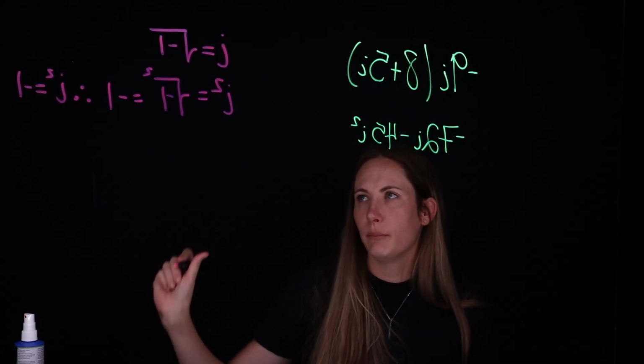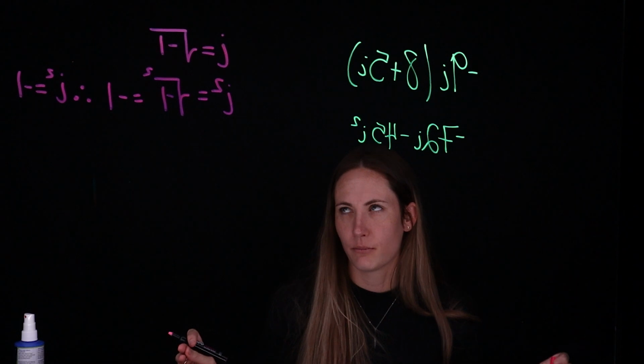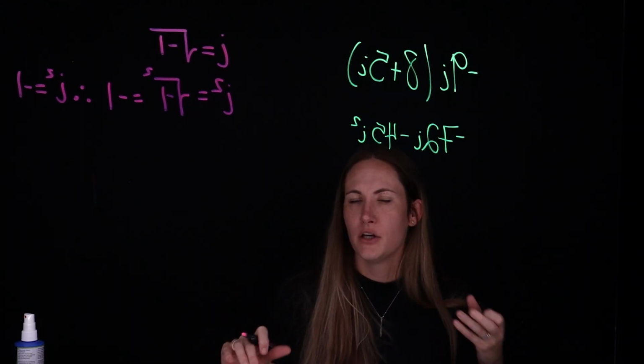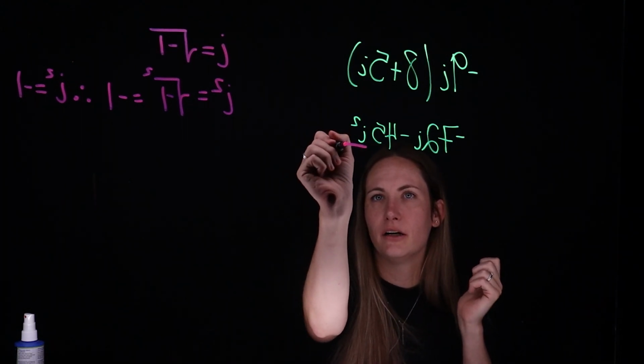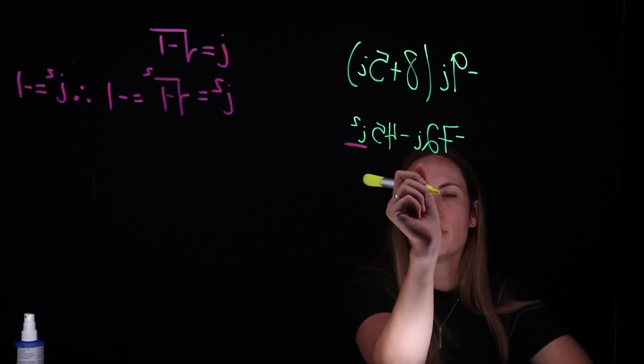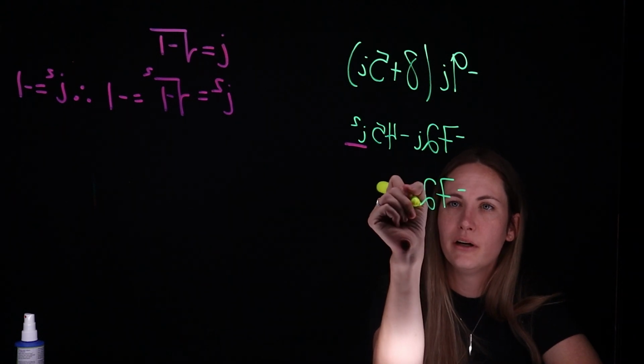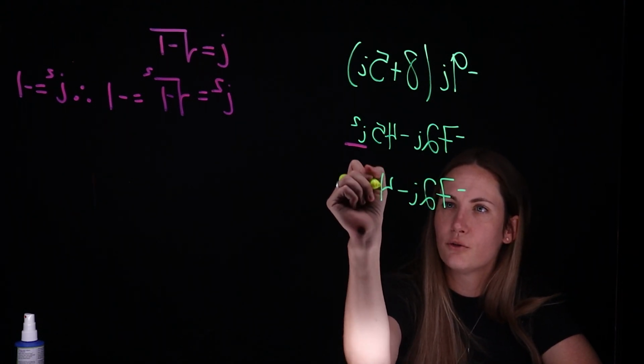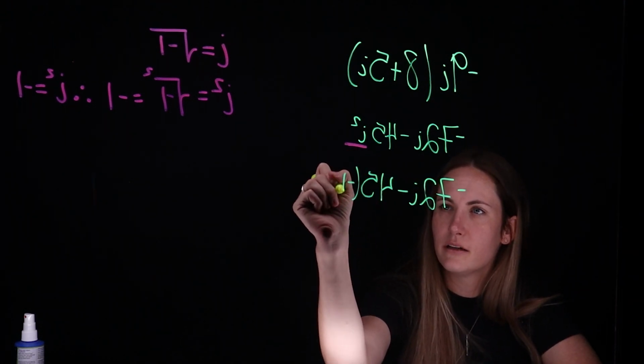i squared cannot be in an answer set because that makes it improper. We have to simplify it. So this i squared right here, we're going to substitute for negative 1. So we have negative 72i subtract 45 times negative 1.